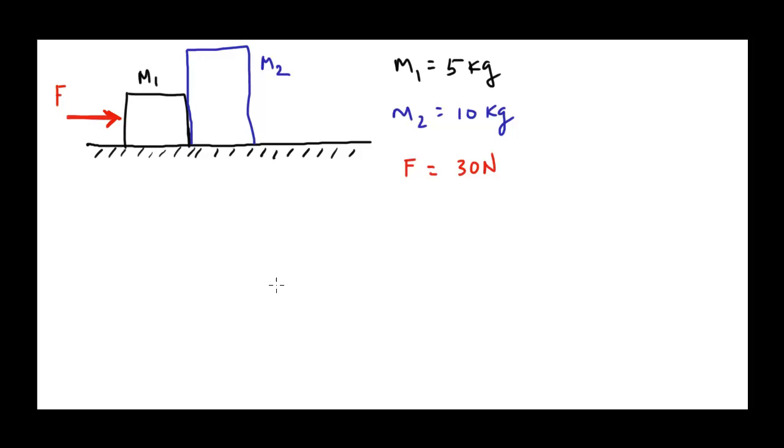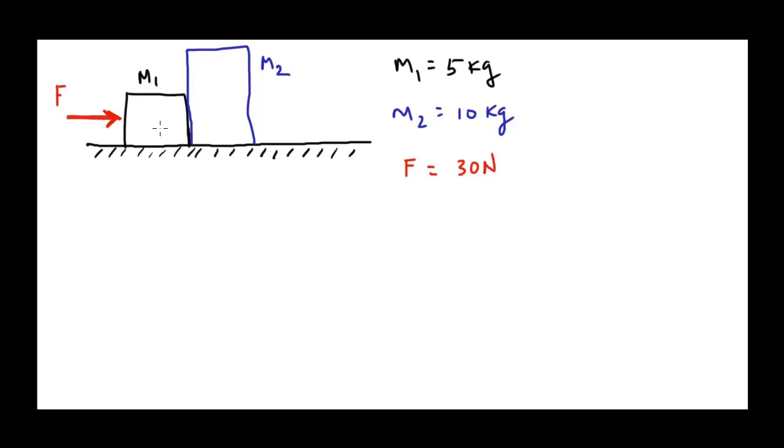What do I mean by the system? Clearly the system is the two blocks. M1 and M2 are both going to slide to the right. They're going to accelerate to the right because there's no force resisting the forward pushing force. I should note right away that I don't have to worry about vertical forces.